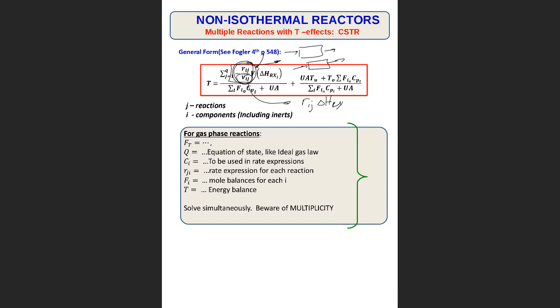And that's once again because his stoichiometric number nu_Ij is always based on a reaction that looks like this: A goes to products. And therefore that stoichiometric number is always a -1. So it's a negative divided by a negative, and then it becomes that positive value that Fogler gives in his equation on page 548.